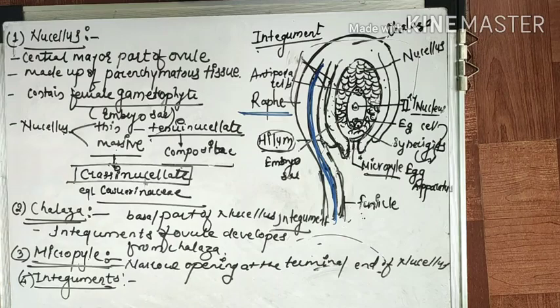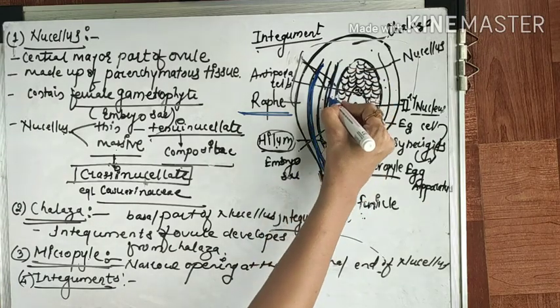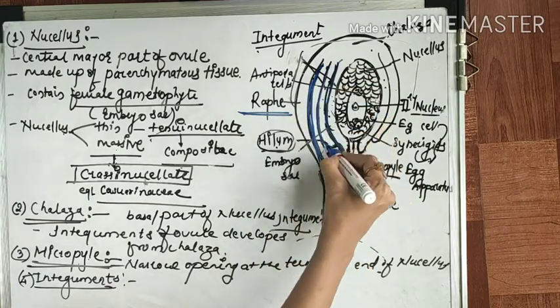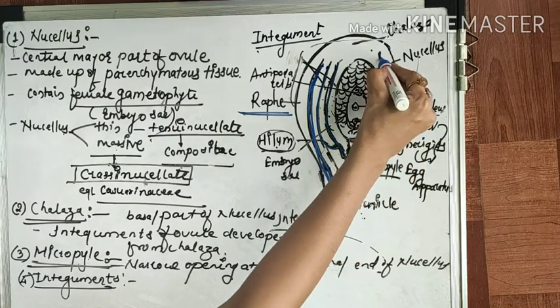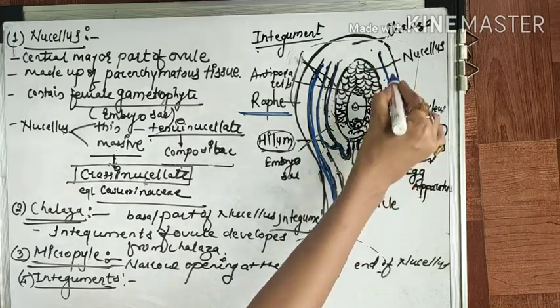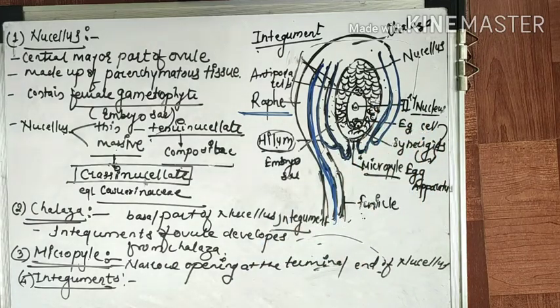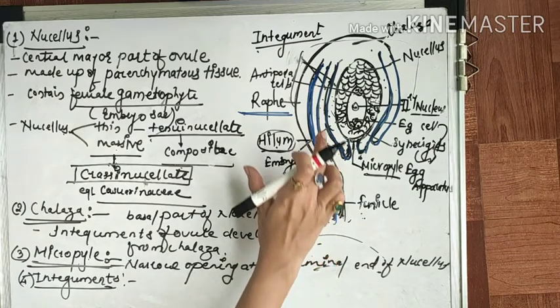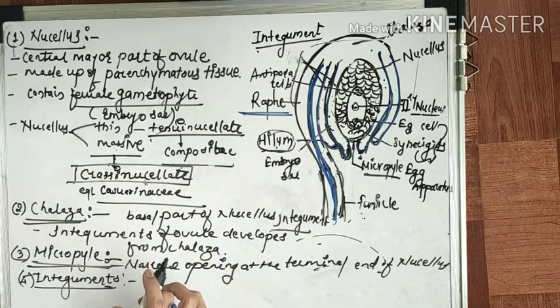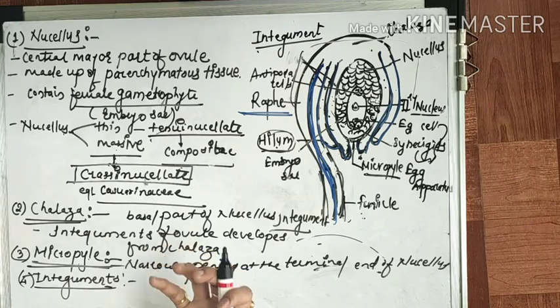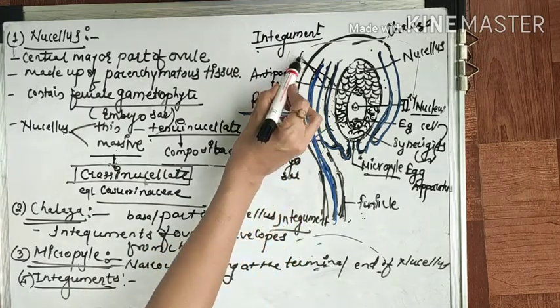You can see this structure is known as the integument. It protects the nucellus, so I can say it is a protective covering of the nucellus, and the protective covering of the nucellus is known as the integument.